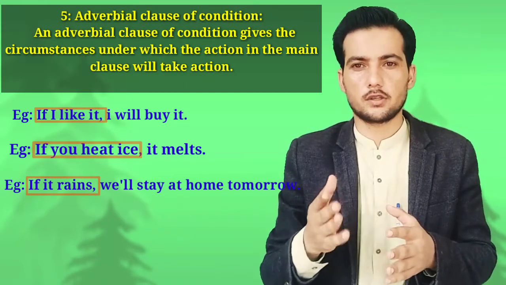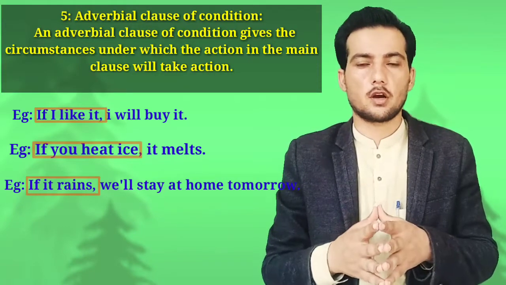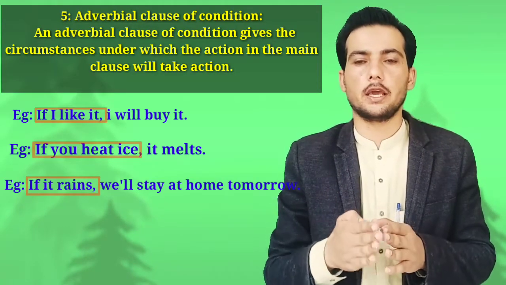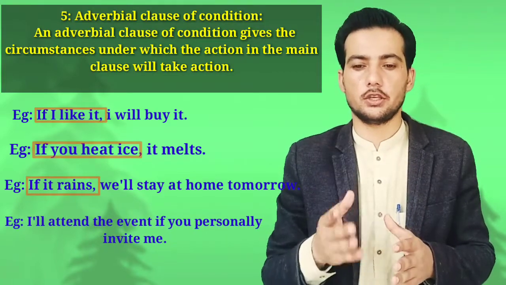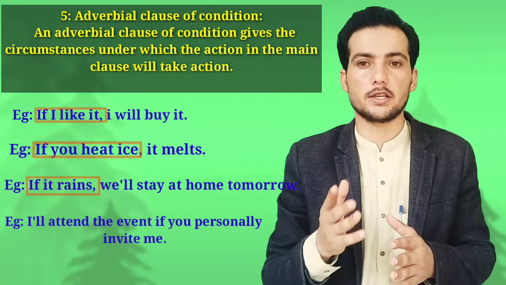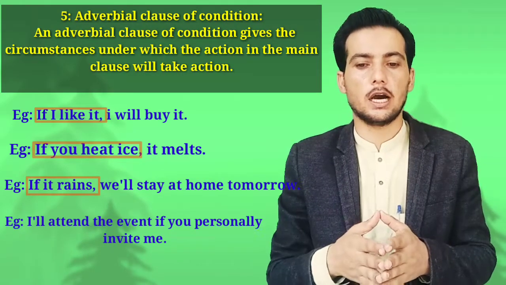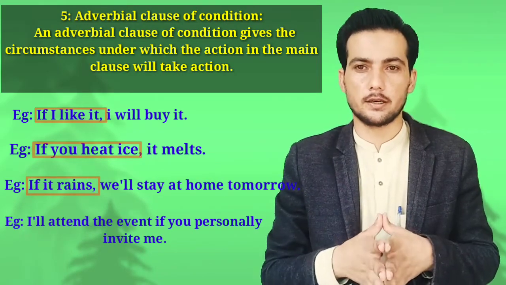You should also keep in mind that an adverbial clause of condition can also appear at the end of a sentence. For example, I will attend the event if you personally invite me. "I will attend the event" is the main clause.